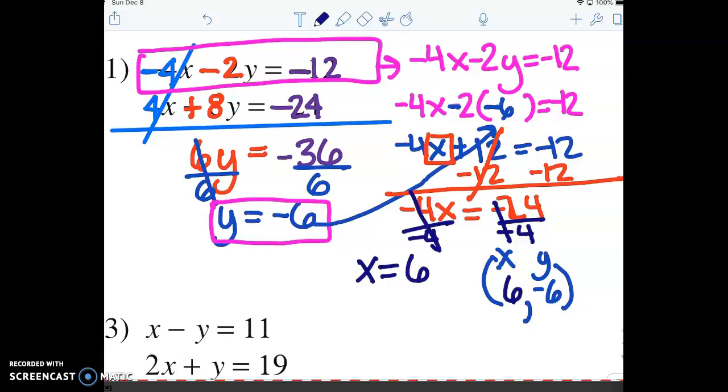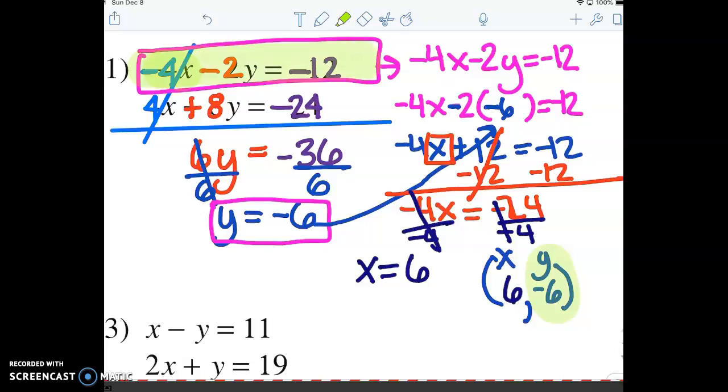Okay. So my steps here are: eliminate, find something to cancel, then solve for the other variable. In this case, we solved for y. Put that piece into your point. So that happened right here. Then go solve for the other variable by picking a line.